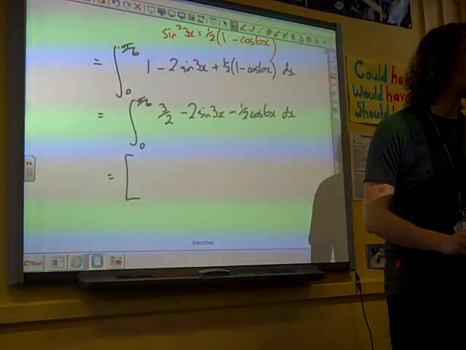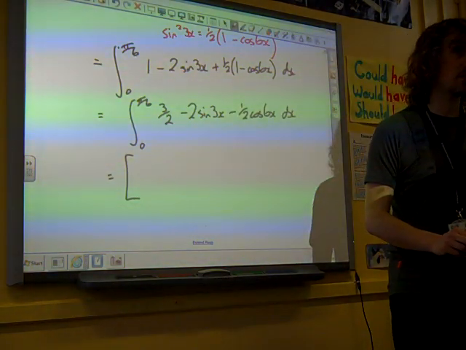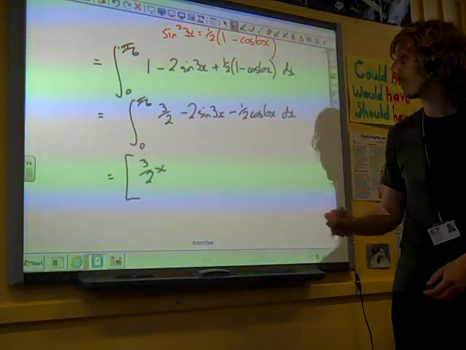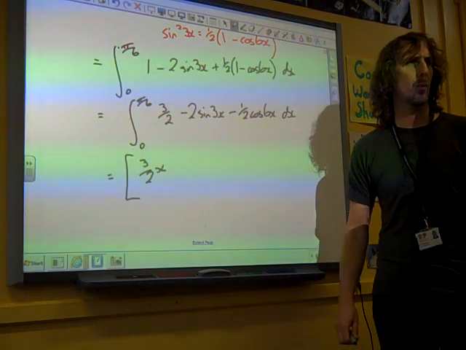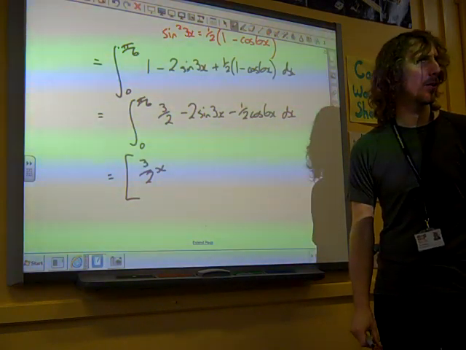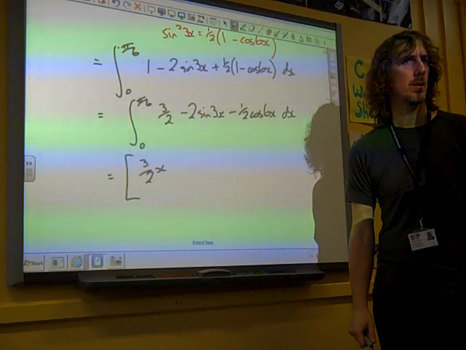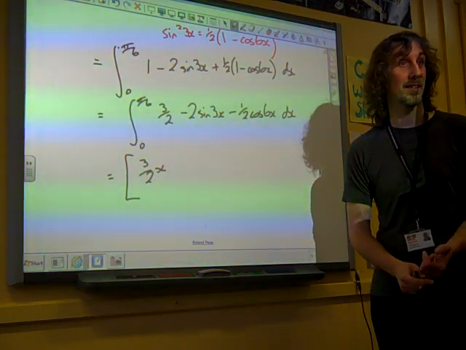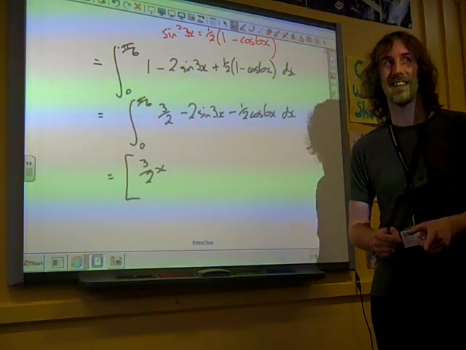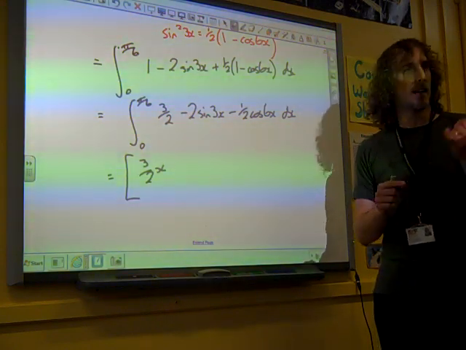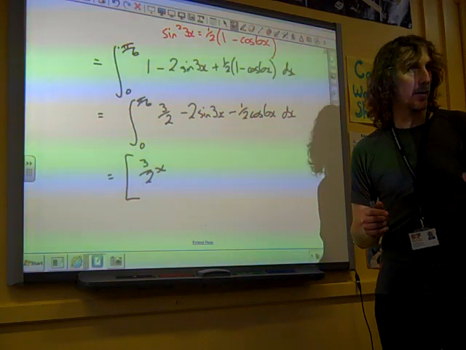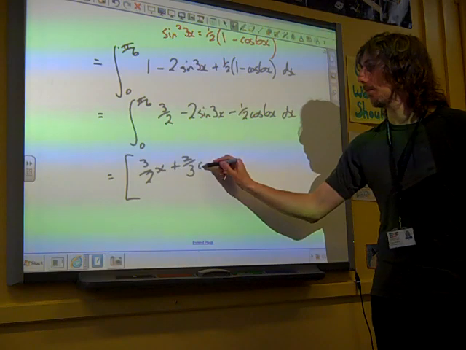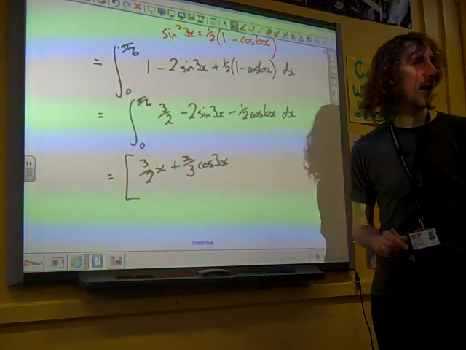The 3 over 2, that's okay. That's going to be 3 over 2 x. What does 2 sine 3x go to? Sine integrates to minus cos. The 3 is going to go down to the bottom of the fraction, so it's going to be plus 2 over 3 cos 3x.